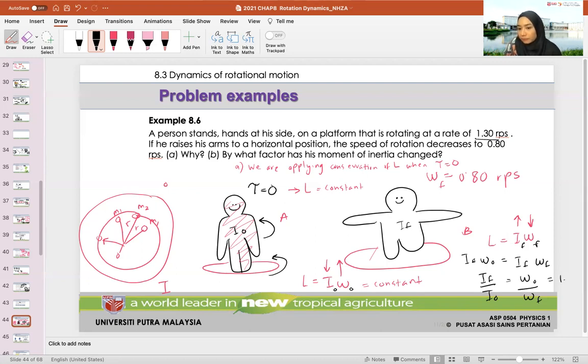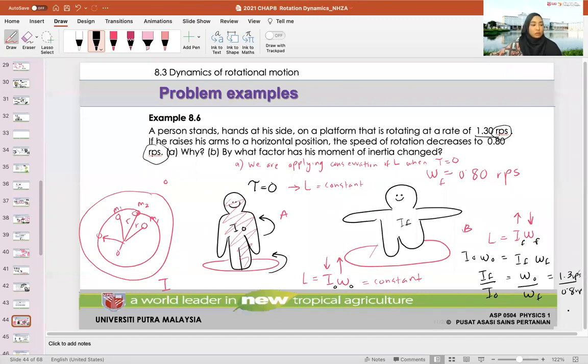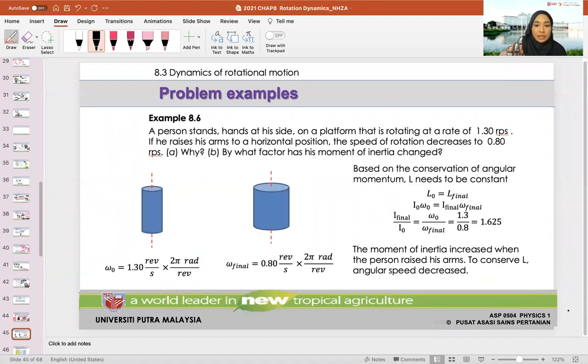I naught, omega naught, I F, omega F. I want I F over I naught, so it becomes omega naught over omega F. 1.3 over 0.8. The units are the same, RPS, so I don't have to convert. But if I convert, it's fine, they will cancel out anyway. RPS cancels out with RPS. So 1.3 divided by 0.8. The answer is 1.625 is the factor that the moment of inertia has changed.